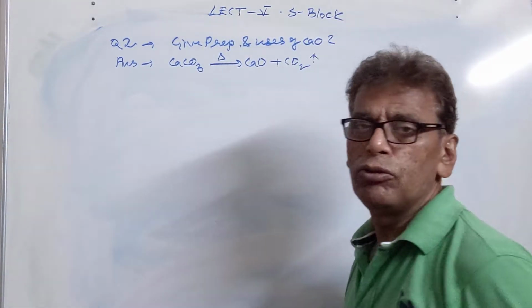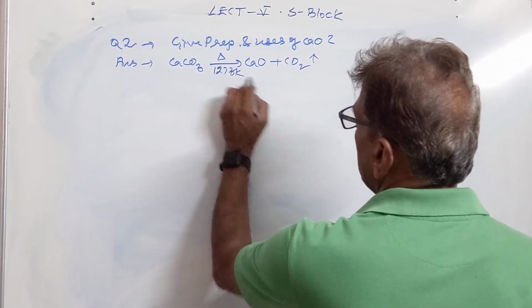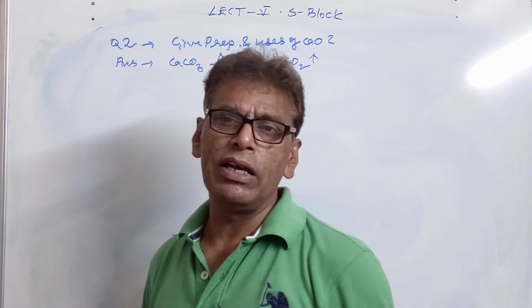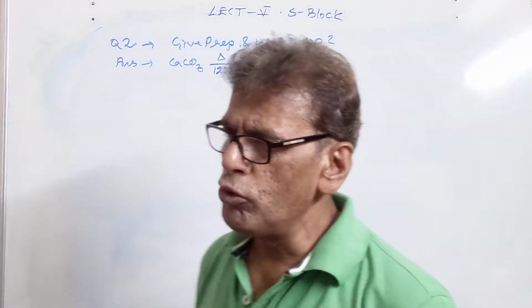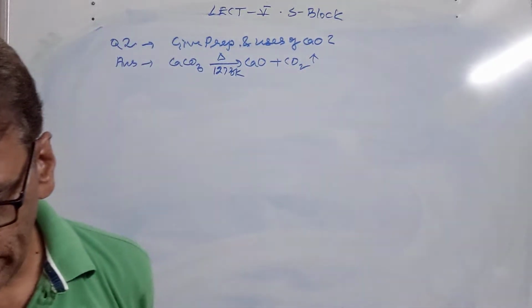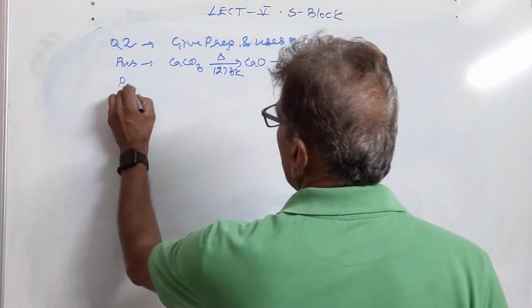This is called quicklime. This reaction takes place at 1273 Kelvin. The reaction is actually reversible. To prevent the reversibility, the CO2 produced is allowed to escape from the system so that the reaction is not reverted at all.